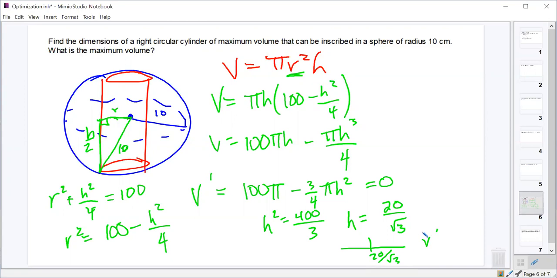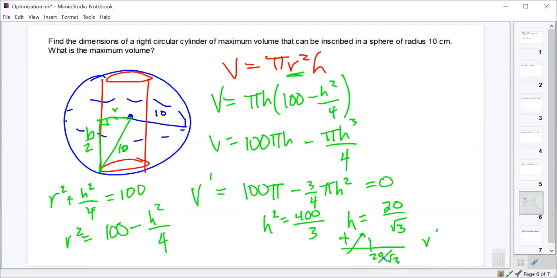All right, and we'll make our sign chart to prove that this is a maximum volume. So something less than 20 over root 3 would be like 100 pi minus 3/4 pi, which is definitely positive, so we're going up. And then plug in something more than 20 over root 3, that is still a possible value for h.